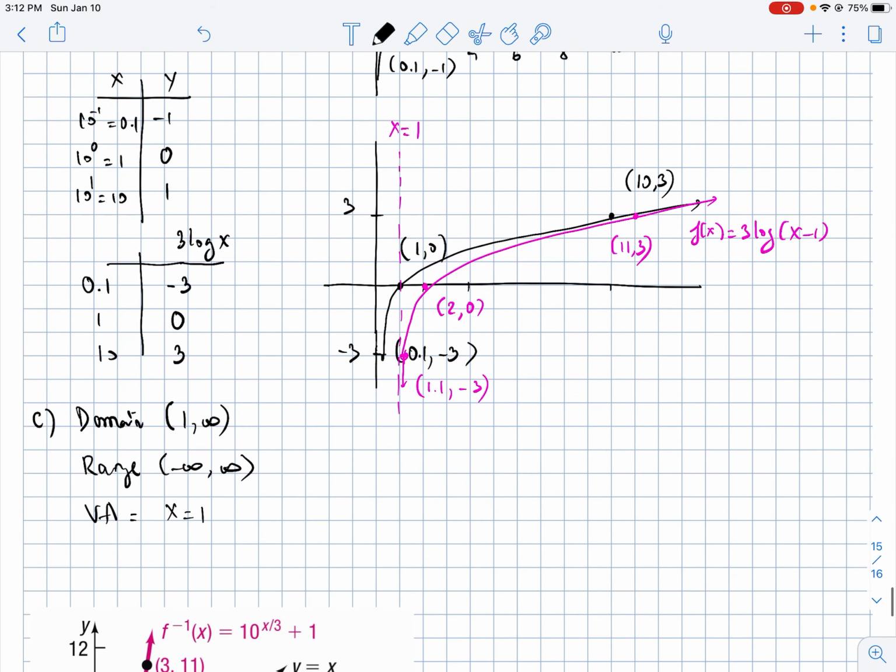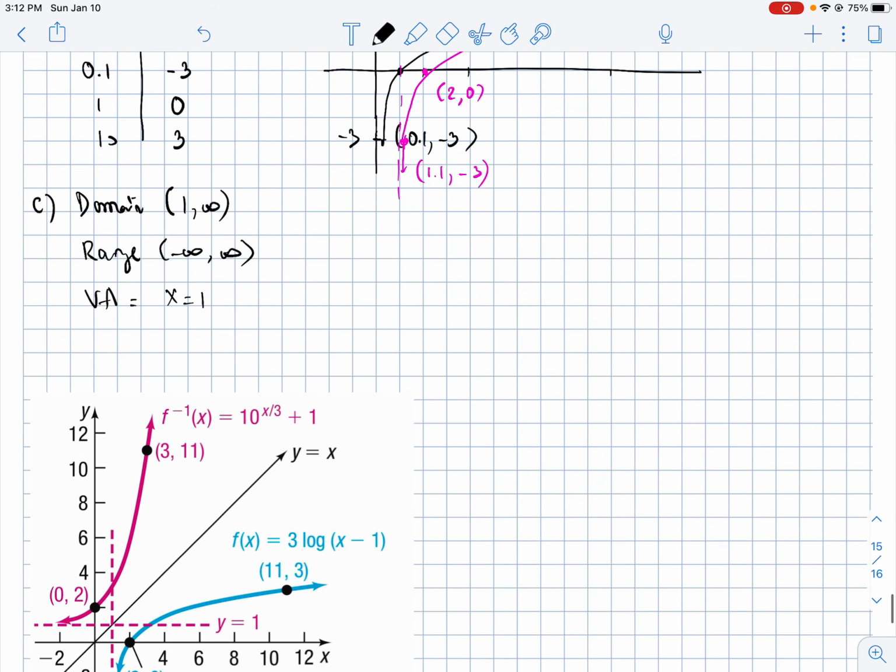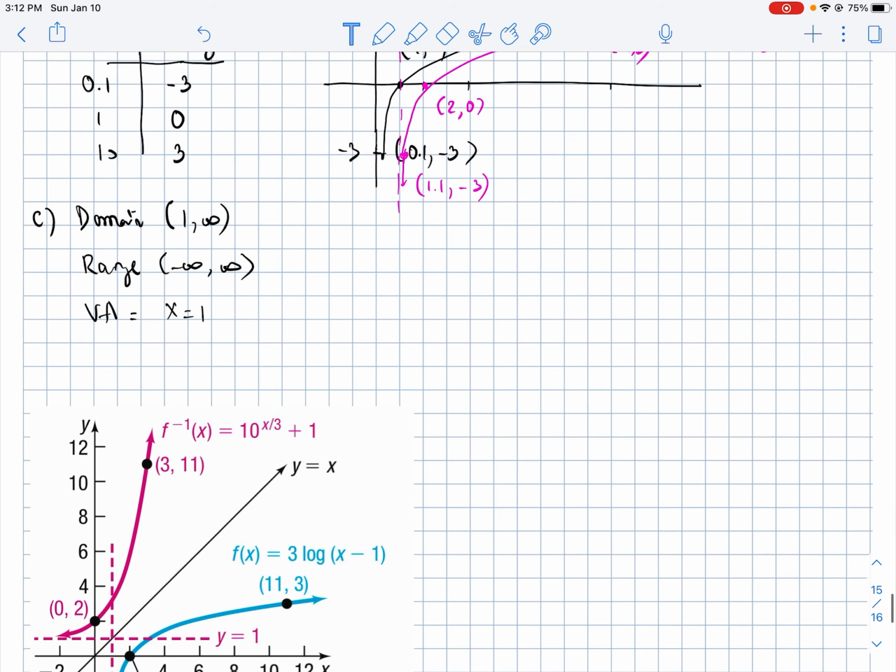And in part D, we want to find the inverse function. First of all, we write the function in terms of y. And then we want to write it in the exponential equation.